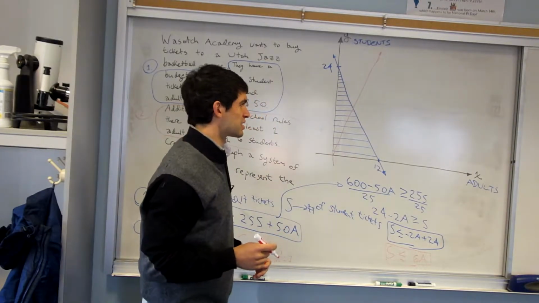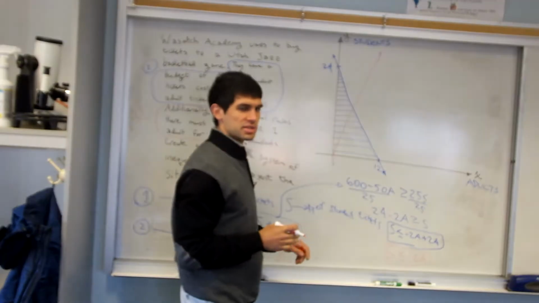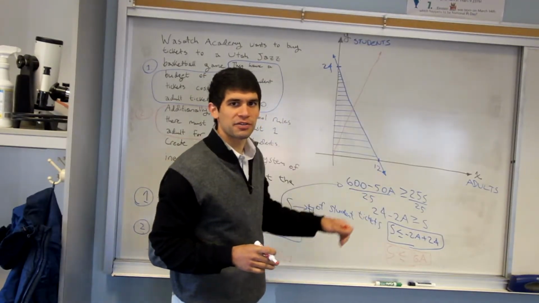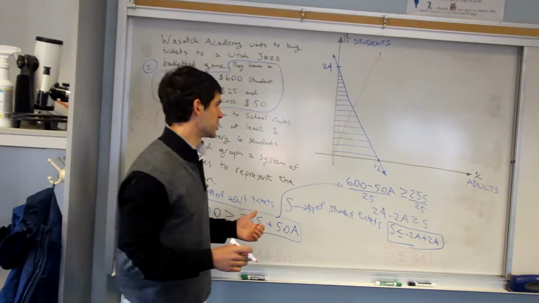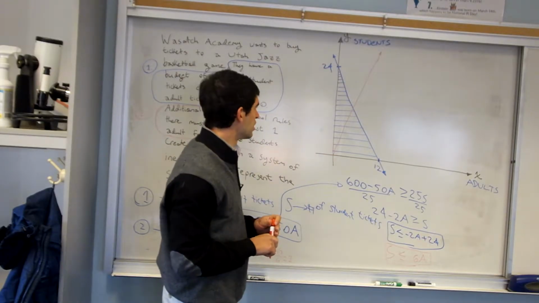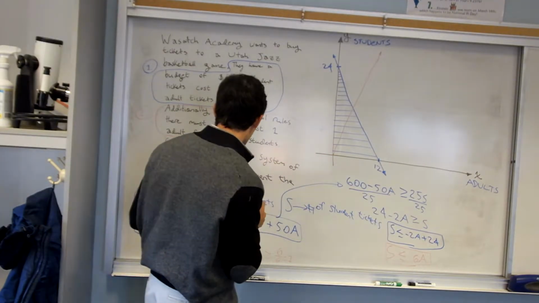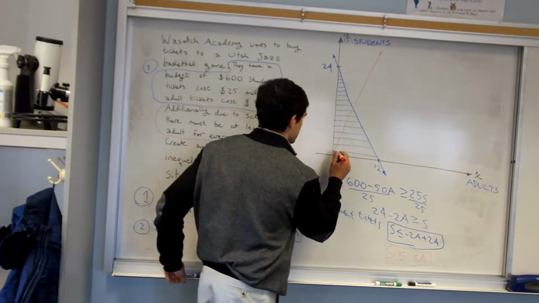And notice, just an aside, I'm only graphing this quadrant because this quadrant of the graph is the only area that we're really interested in, because we can't have a negative number of adults or a negative number of students. We have S is less than or equal to 6A.